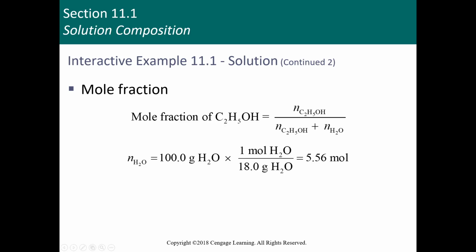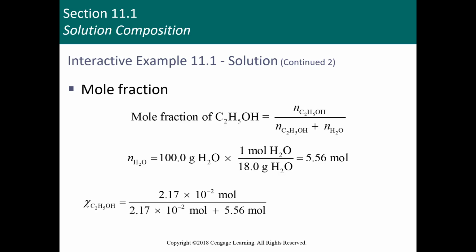That's in grams per mole, so grams needs to go on the bottom, moles on top, and that gives us 5.56 moles. So we go ahead and put all our numbers in, moles of ethanol over the moles of ethanol plus the moles of the water on the bottom.